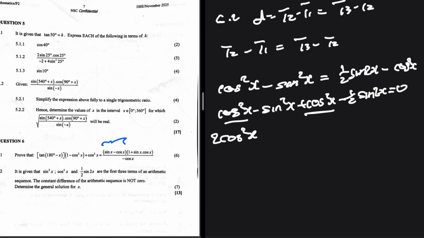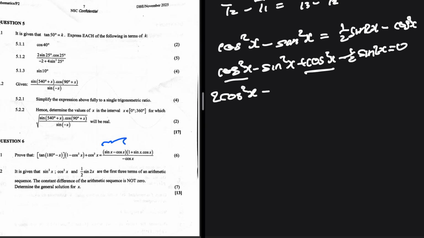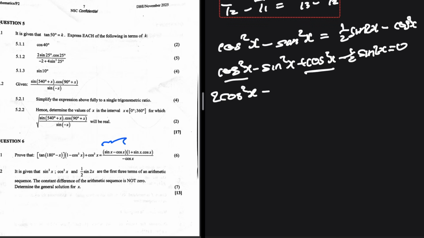And 1 over 2 sine 2x is 1 over 2 into 2 sine x cos x, so that means we'll be having sine x cos x, because the 2s will cancel. So we're going to have minus sine x cos x, and then minus sine squared x is equal to 0.